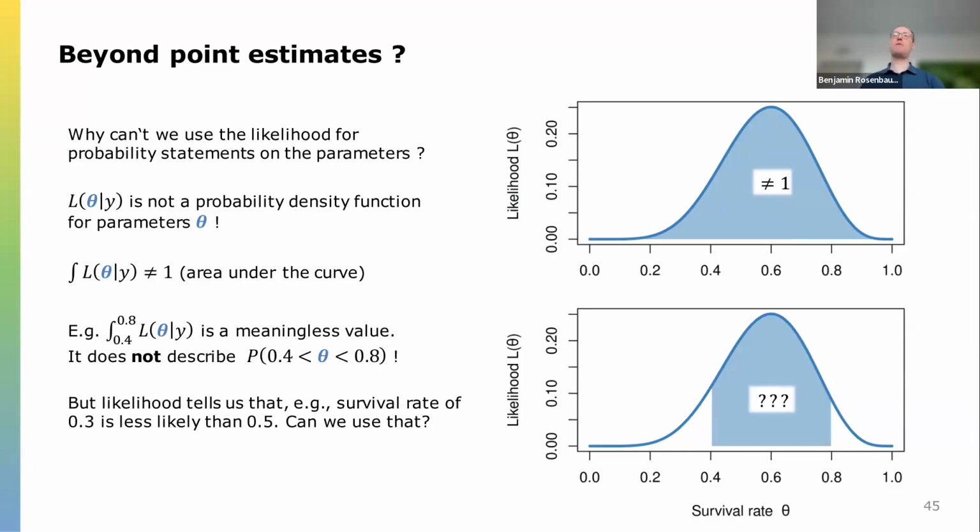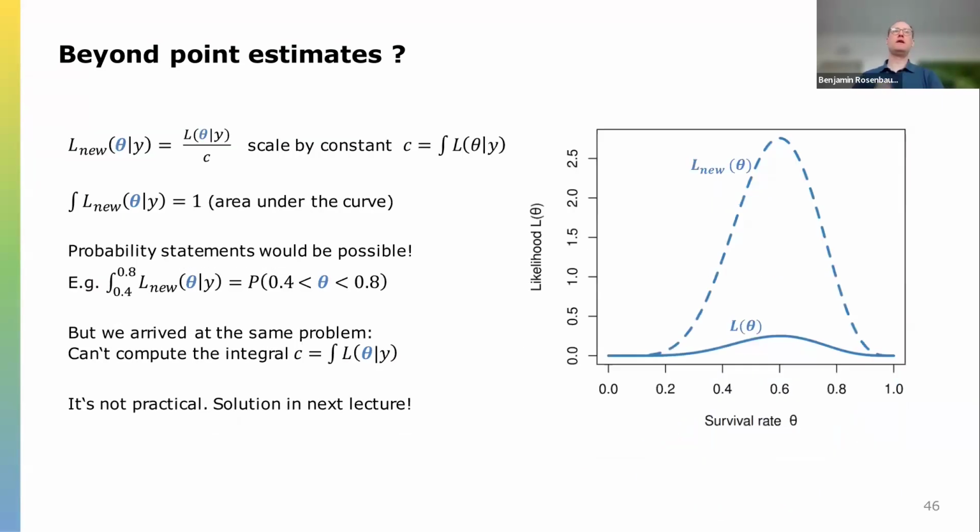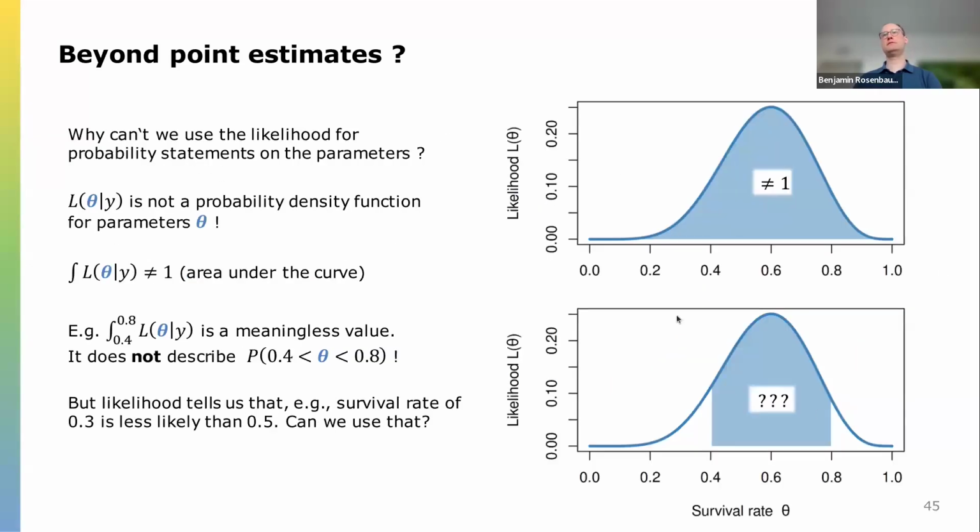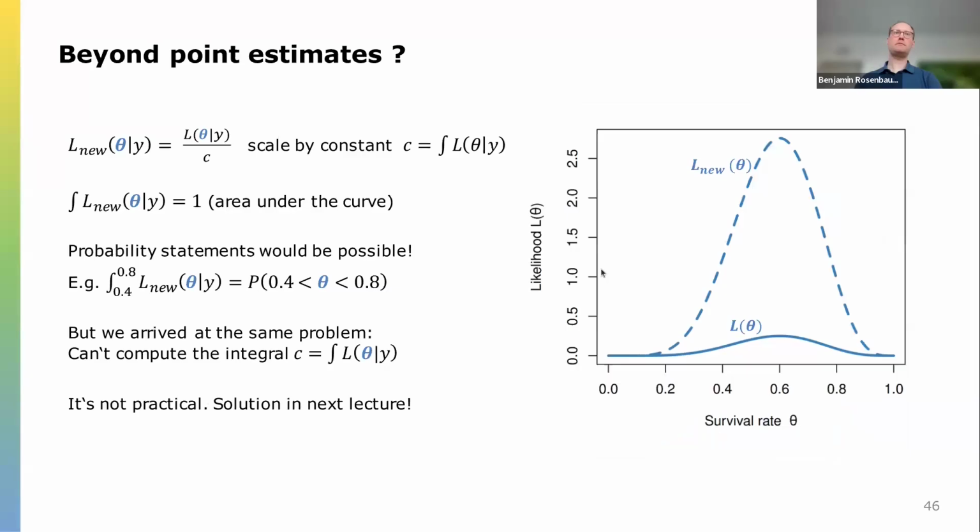However, we could scale this function so that it integrates to 1, theoretically. If we knew the area under the curve here, we could just scale the likelihood function by this value. So we divide the likelihood function by this value and get a new function.